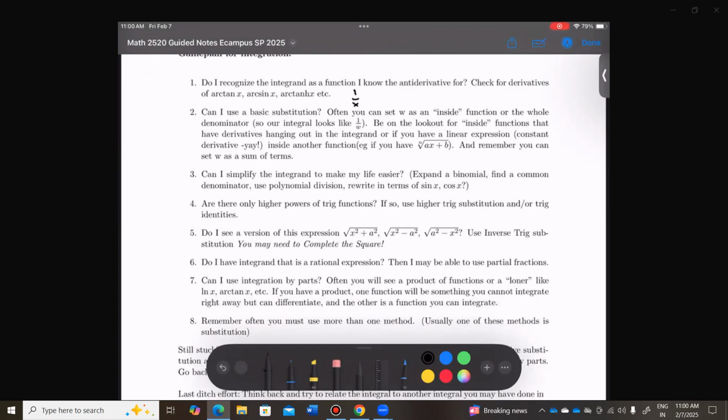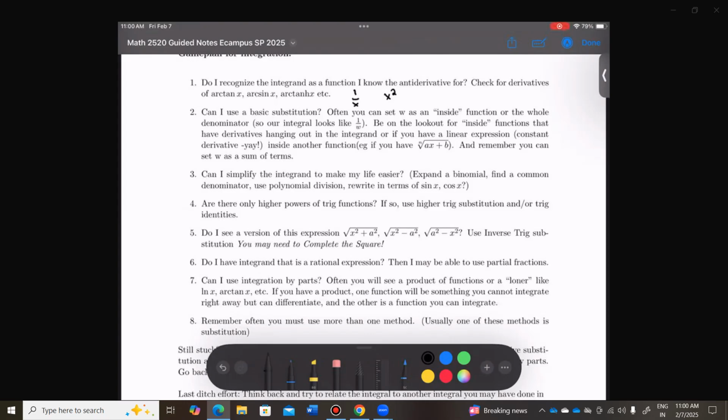So you have that in mind. Or if it's some polynomial like x squared, there's ways of finding that. See if you recognize it first. Or if it's something like derivatives of arctangent or arcsine, or maybe just sine and tangent.